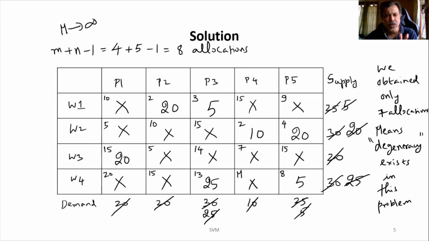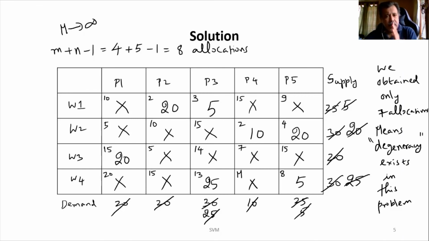Then how do we approach it? That also we understood. We assign an alphabet called capital M, and then we say that capital M is approaching infinity or tends to infinity. It means that for that particular cell, any allocation needs to be avoided. That is the reason we are considering that particular M as tending to infinity. So that also we understood.